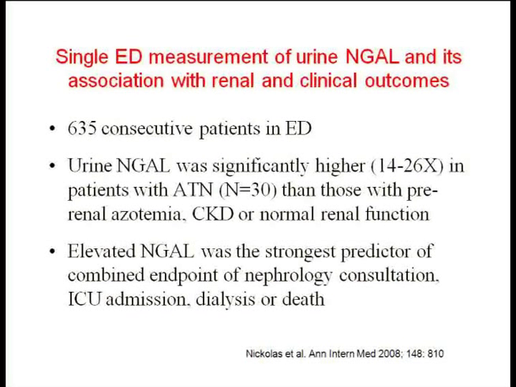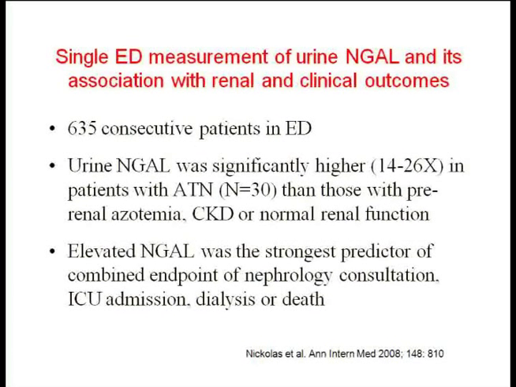It has antioxidant activities in the kidney, predominantly secreted by the loop of Henle and the distal convoluted tubule. And what they showed was that in patients who had ATN compared with just pre-renal azotemia, chronic kidney disease, or normal renal function, patients with ATN had a 14 to 26-fold increase in the levels of this substance in the urine.